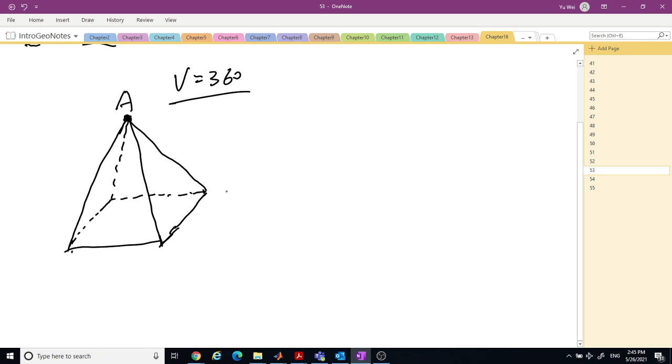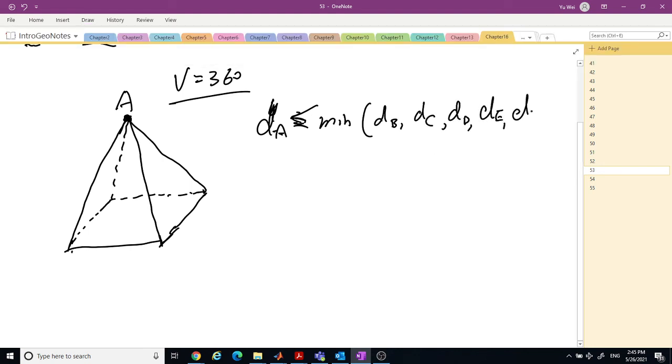Which means the distance to A is less than the shortest distance to B, C, D, E, F, right?